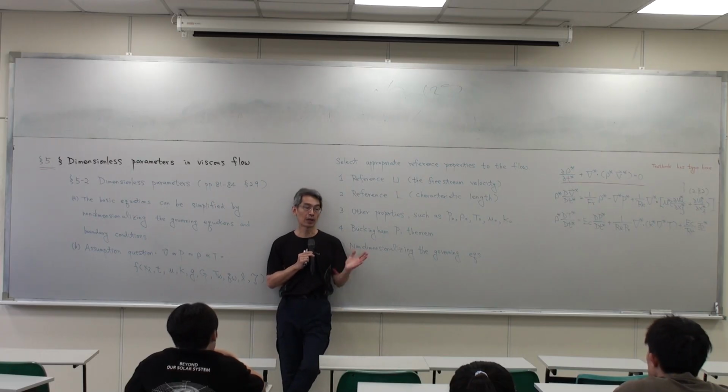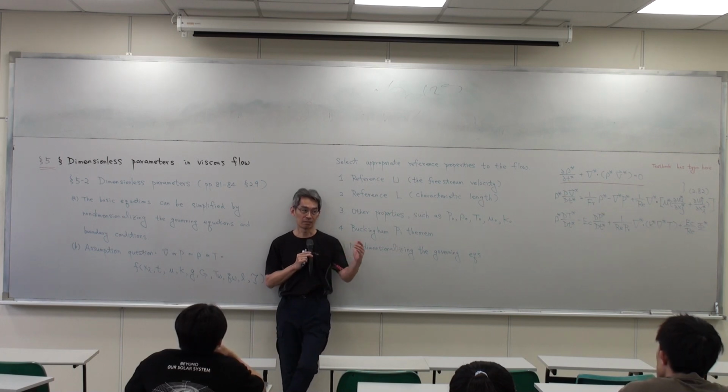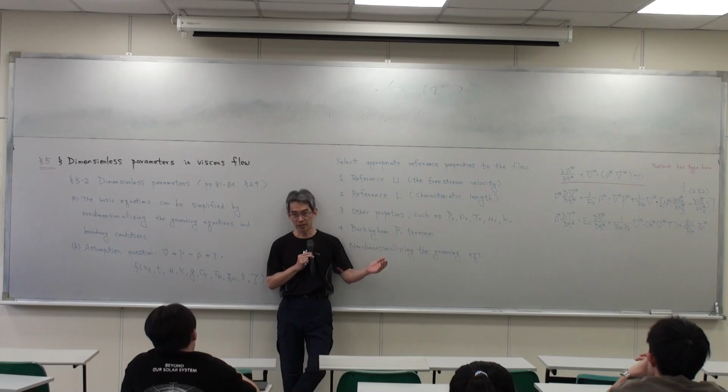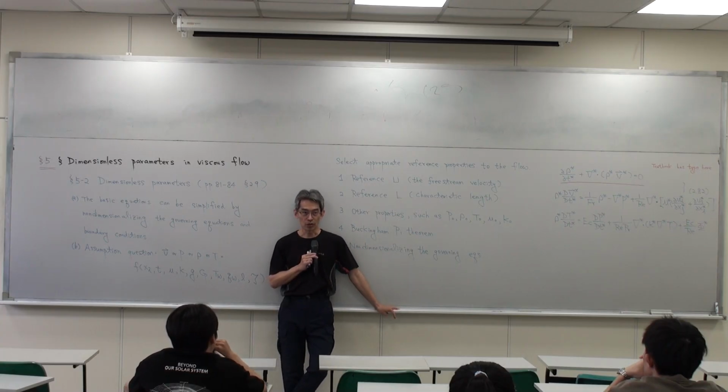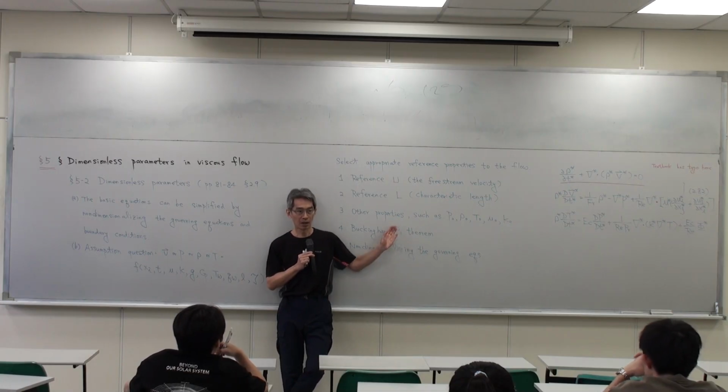For example, we will consider viscous force and maybe the inertial force, or inertial force compared with the gravitational force. These are the non-dimensional parameters we're going to talk about later. But before that, we would like to talk about this procedure.